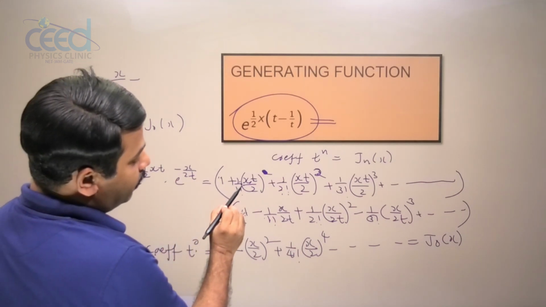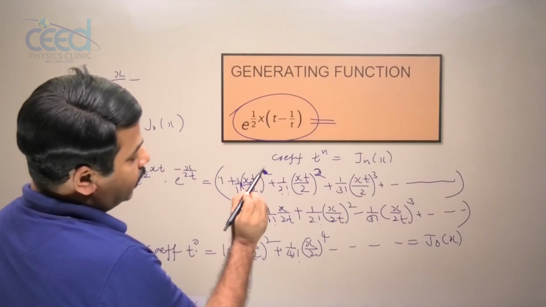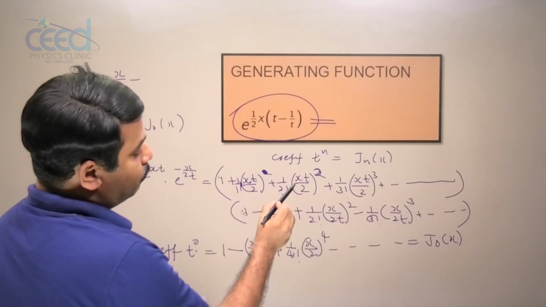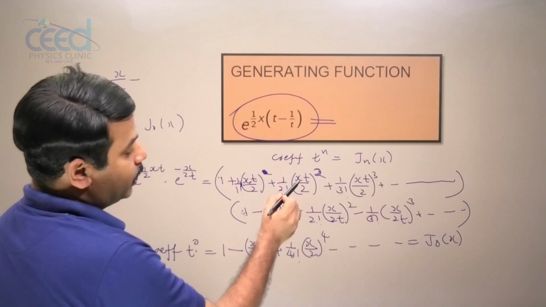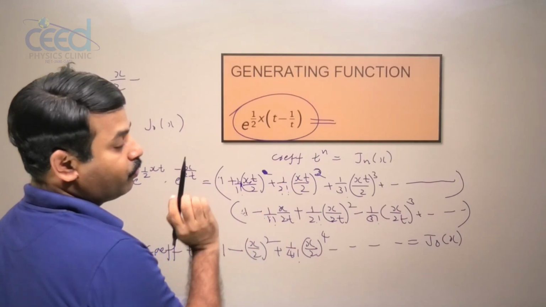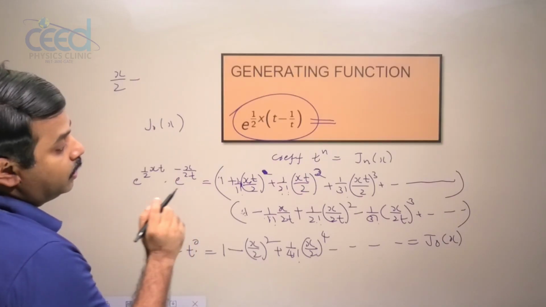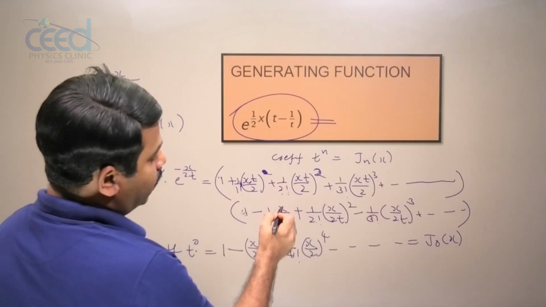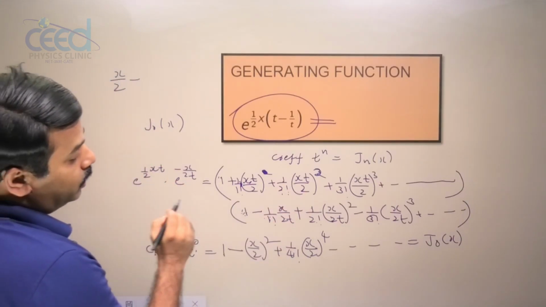Now, this multiplied with this t, we need the coefficient of t raised to 1. Then this multiplied with this, you get 1 t square here, denominator 1t, then the coefficient of t raised to 1 you get. So, that is the coefficient of t here, x by 2 whole square, here x by 2, then x by 2 whole cube, am I right?